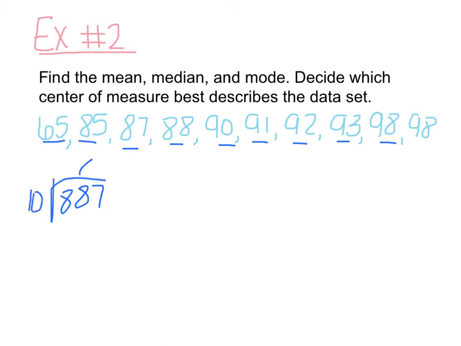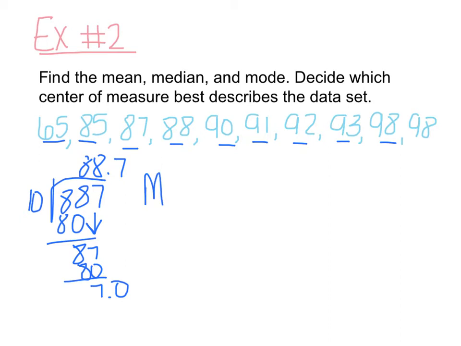So we divide by 10. So our mean is 88 7/10.